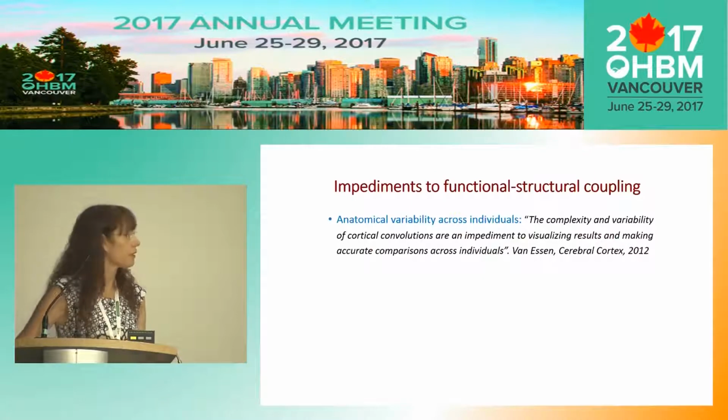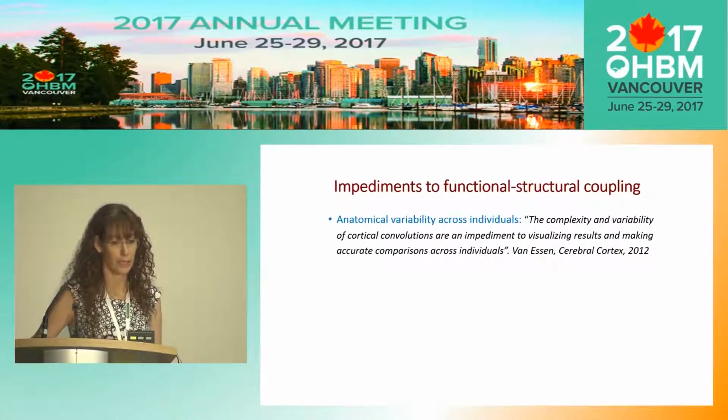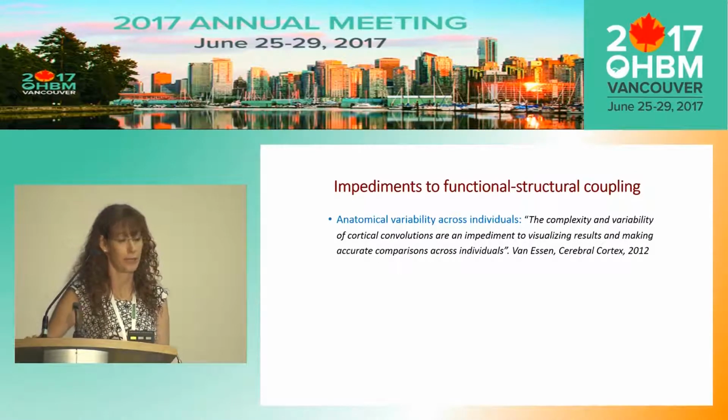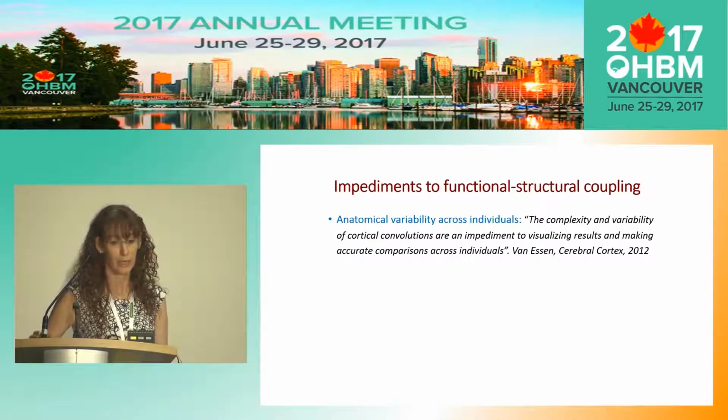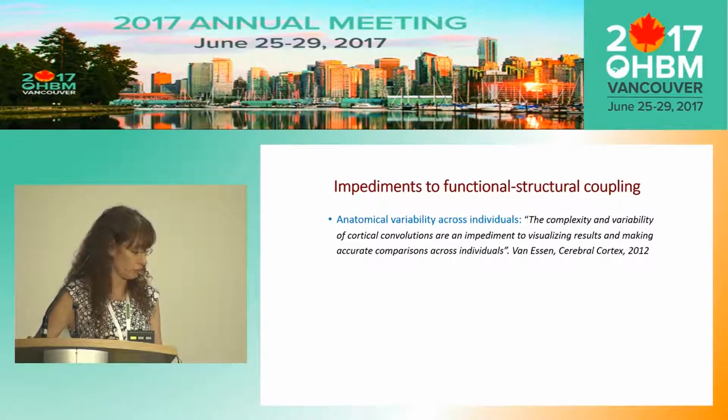Several researchers, including prominent researchers, have noted that there might be impediments to functional structural coupling outside early sensory regions. And this comes from 2 sources of variability, anatomical and functional variability. For example, in a paper written by Van Essen and colleagues in 2012, they write, the complexity and variability of cortical convolution are an impediment to visualizing results and making accurate comparisons across individuals.